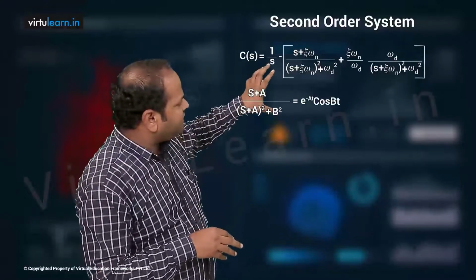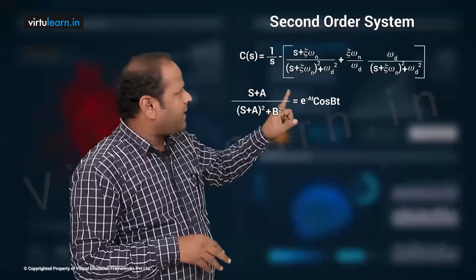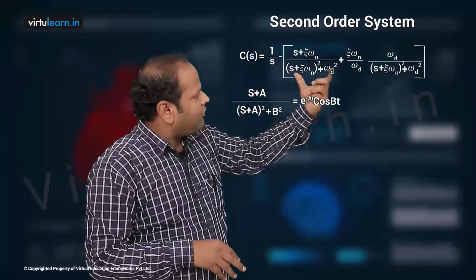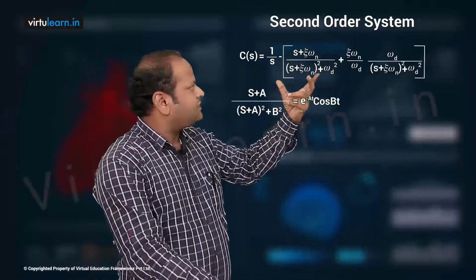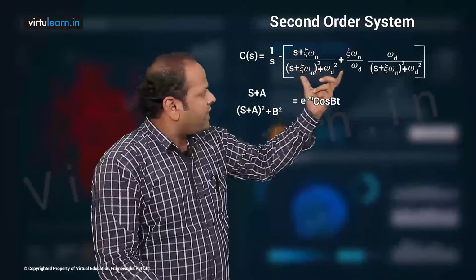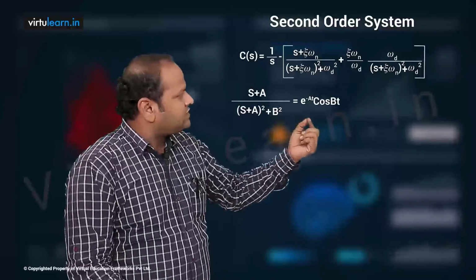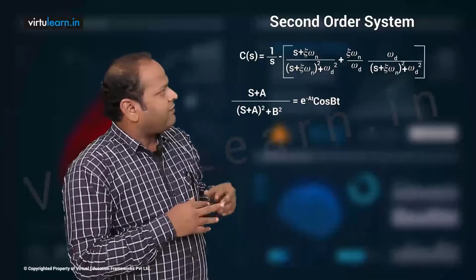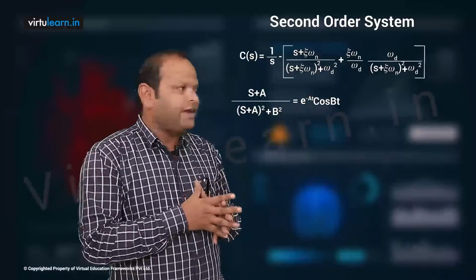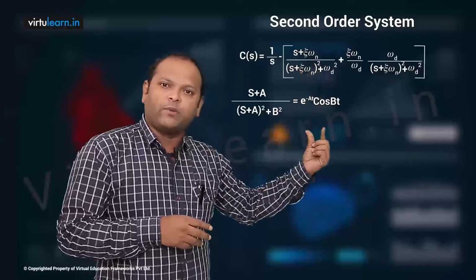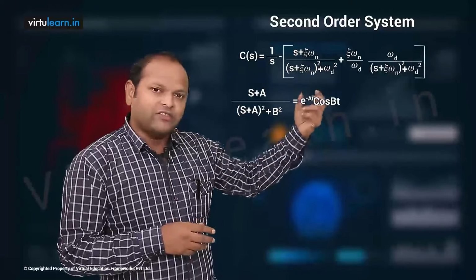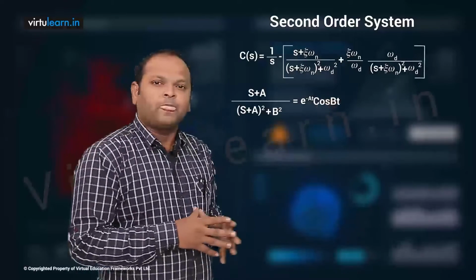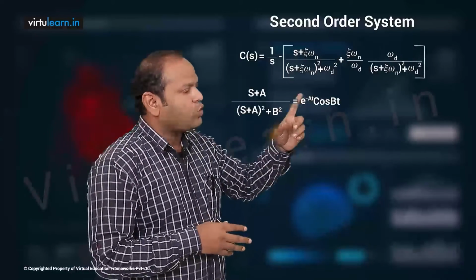C of s is 1 by s minus, now for the second term, I will take it like this: s plus zeta omega n divided by s plus zeta omega n whole square plus omega d square, and plus we have zeta omega n. So I want to write zeta omega n divided by omega d, that means dividing by omega d and again multiplying by omega d, so omega d by s plus zeta omega n whole square plus omega d square.